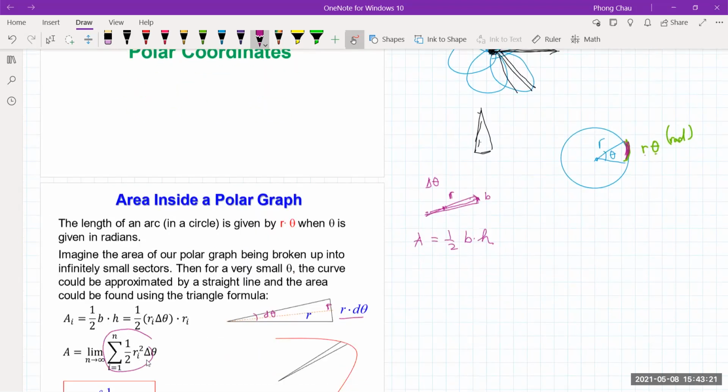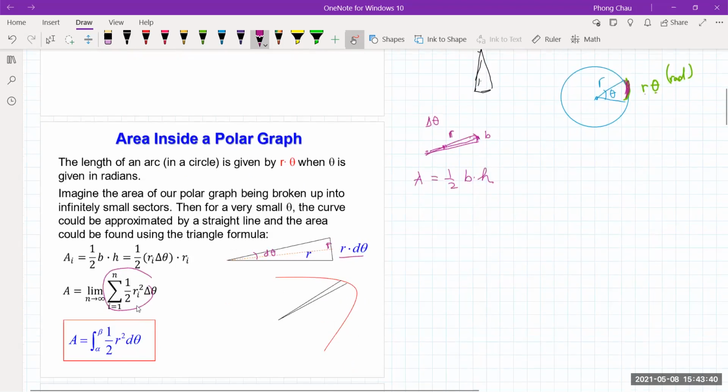And this just gives an approximation of the area inside that polar graph. To increase the accuracy, you take the limit as n goes to infinity. When you do so, remember by definition, the limit of the sum is the integral. So it turns into the integral of half r squared d theta from alpha to beta.